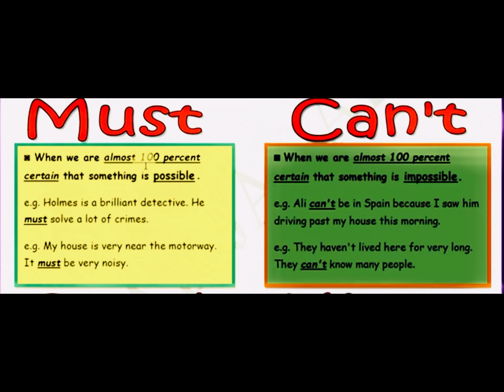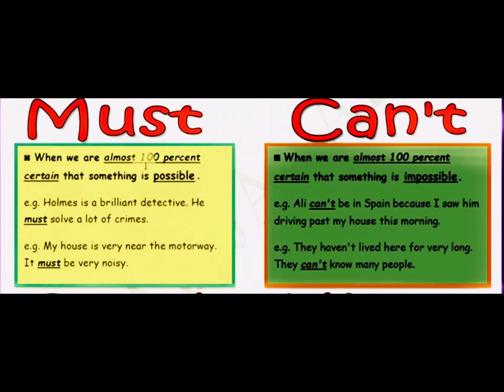They're, in fact, there. The second example, they haven't lived here for very long. They can't know many people. So since, let's say your neighbors have lived just for a month, you know that they can't really know many people because they haven't been in the area for long.